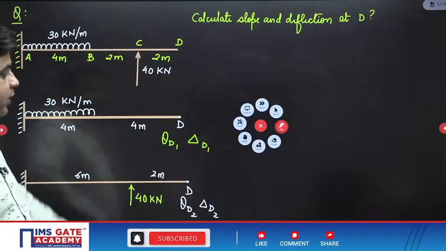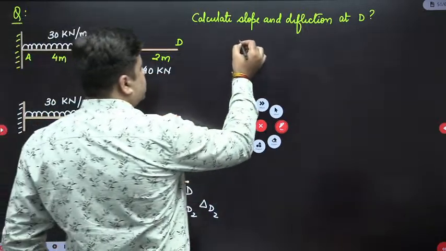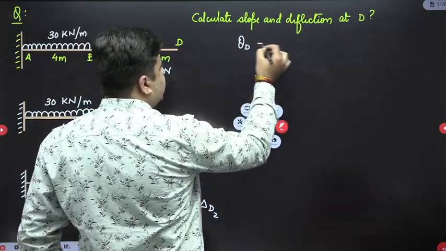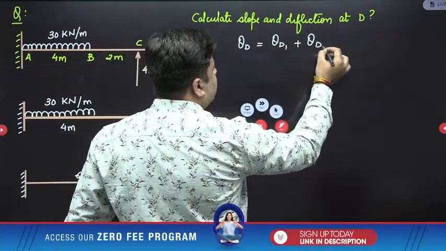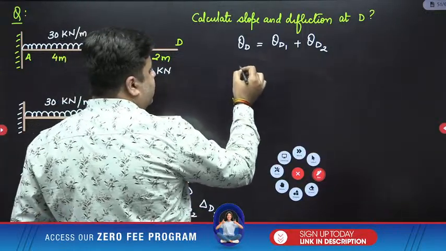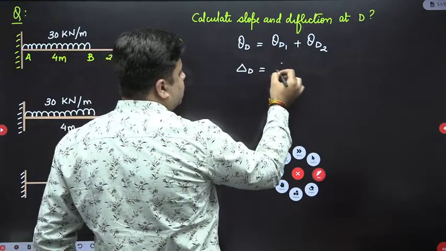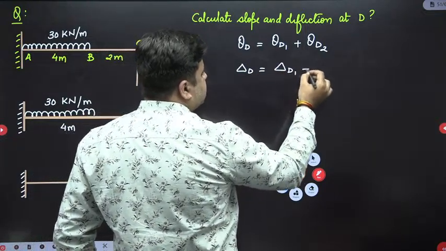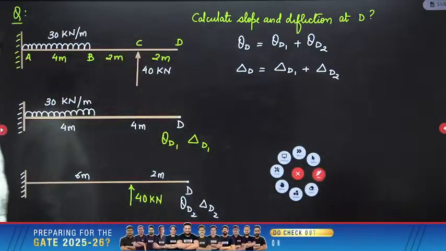The final theta D is the algebraic sum of theta D1 plus theta D2. Here you need to take care of the sign of theta and delta. Similarly, final deflection delta D is equal to delta D1 plus delta D2. That is how you need to solve this.